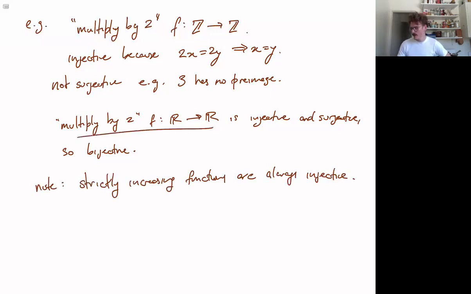So for example, this function is strictly increasing. If x is bigger than y, then 2x is bigger than 2y. And that will always be the case that it is injective for a strictly increasing function. And I believe this is a nice practice problem that I will post to prove that this is the case. Strictly increasing functions are always injective.